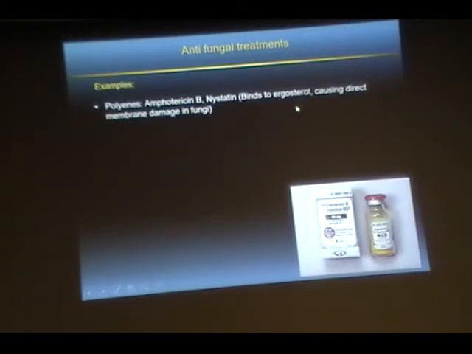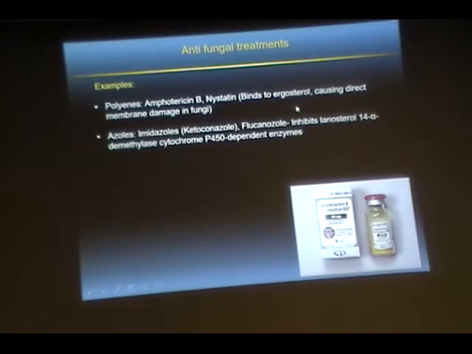We'll look at the mechanism in the next slide. And azoles are most commonly used for Candida infections: imidazole, ketoconazole, fluconazole. But as of now, there's a lot of fungi that are fluconazole resistant, but azoles are very effective in eliminating fungal infections.